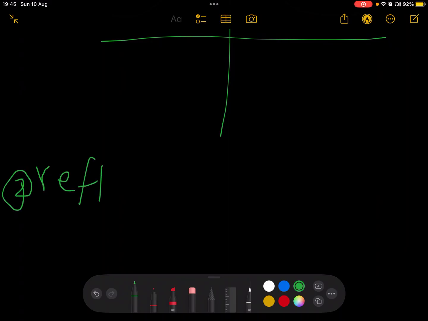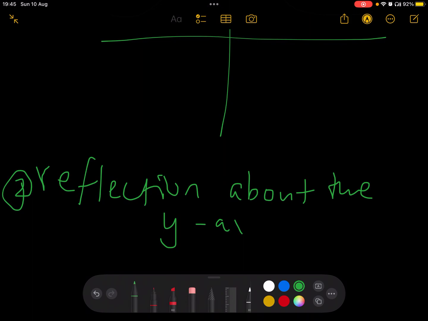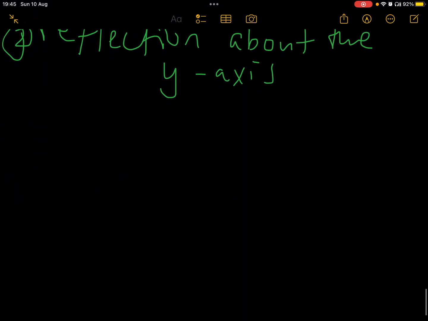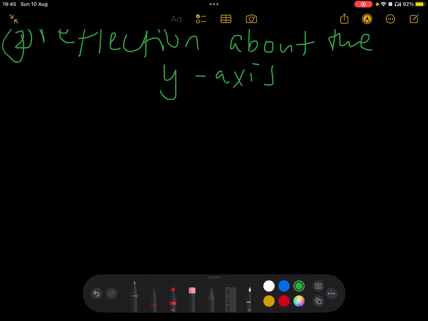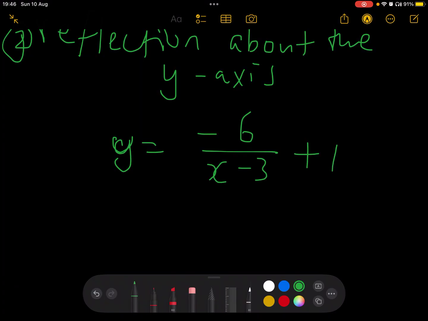A reflection about the y-axis, of which in this case you have from g, which we'll just say is not g, it's just y, minus 6 over x minus 3, plus 1. If you're reflecting it, you're just changing the x value into a negative.